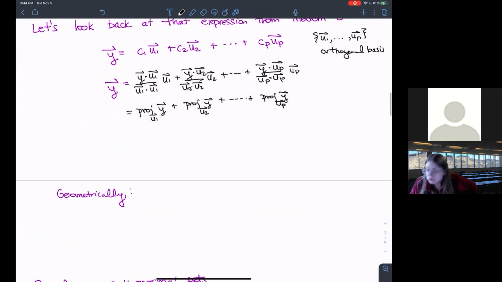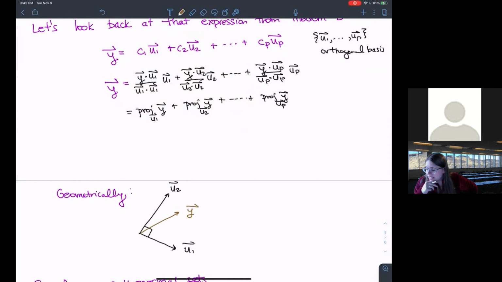And so let's just draw a picture. I'm just going to use u1 and u2 because it's easier to draw things in 2 dimensions. So let's say I have a set of 2 orthogonal vectors. Geometrically, it just looks like 2 vectors that have a right angle between them. And let's say I have some vector y.